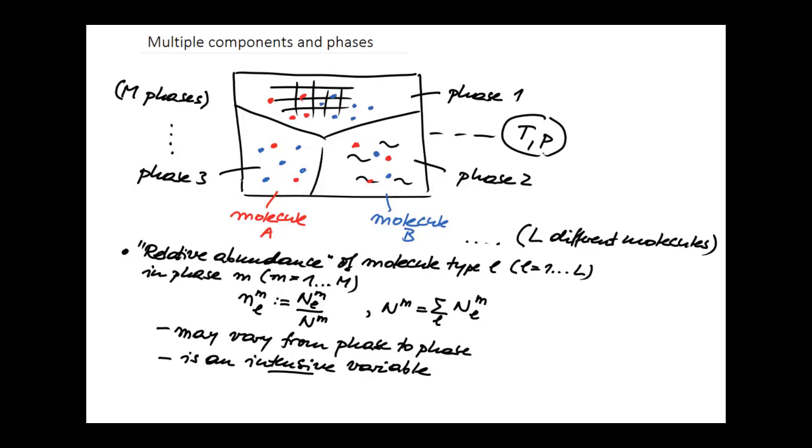So this is happening, say, in open air, and this controls the temperature and the pressure of that system. And now we are wondering how many of these phases can coexist, and which conditions must be satisfied for the coexistence of these various phases.